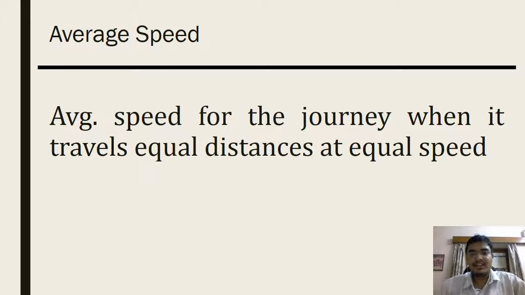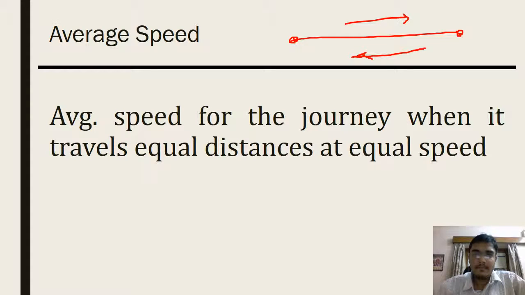Now the question that we just solved can also be solved by a direct formula. So let's take an example, like when we travel from one place to another and we return back. So our distance is equal, or if we have another situation where we travel half a distance with some speed s1 and another half a distance at speed s2.